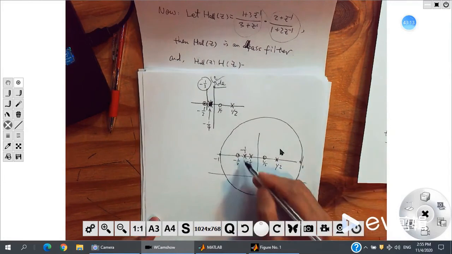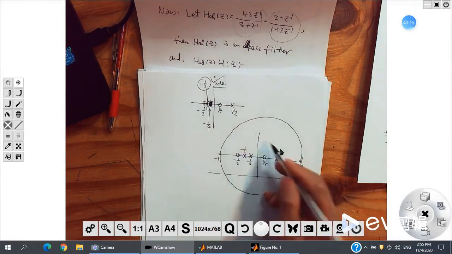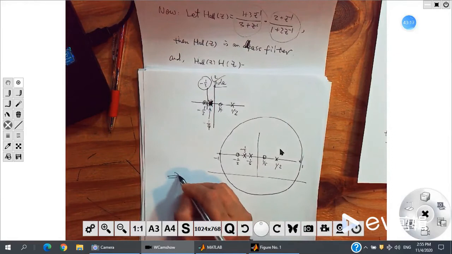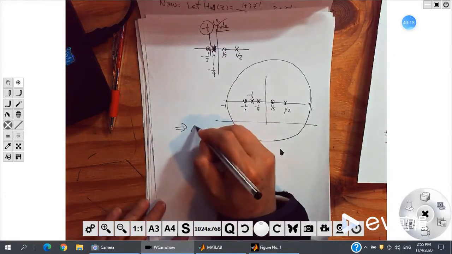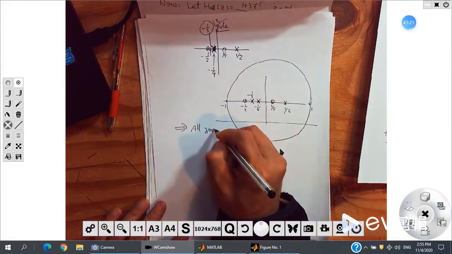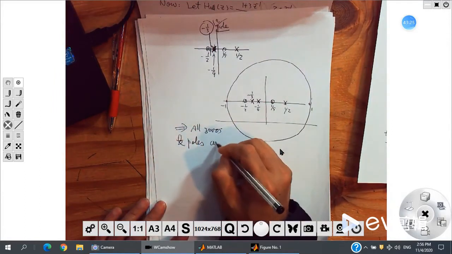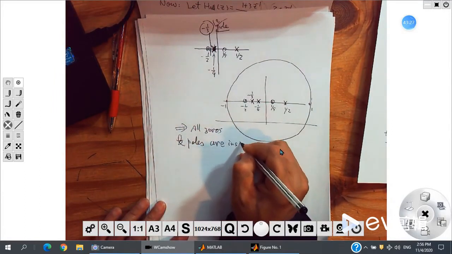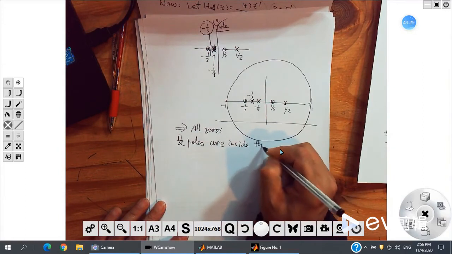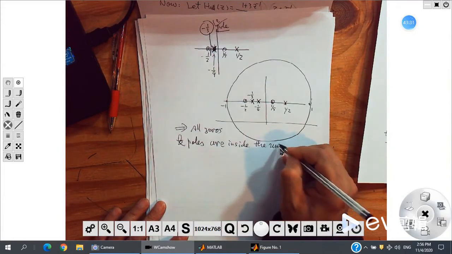And all the zeros and the poles are inside the unit circle. So we say, because all zeros and the poles are inside the unit circle.